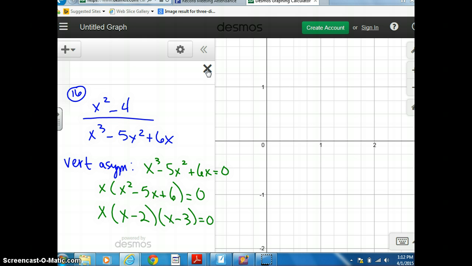So that tells me I actually have vertical asymptotes at x, and I'm going to set x minus 2 equal to 0. x minus 2 equals 0 would give me an asymptote at x equals 2, and x minus 3 equals 0 would give me an asymptote at x equals 3.